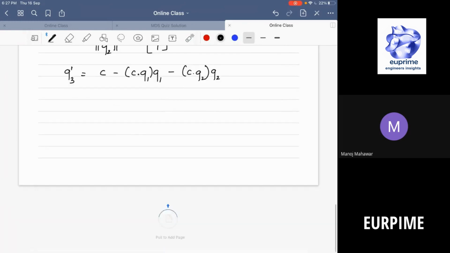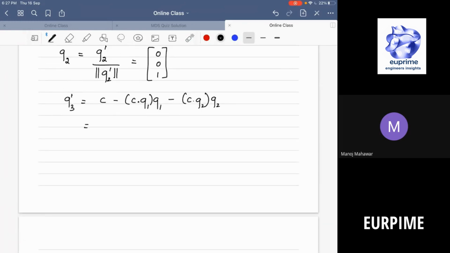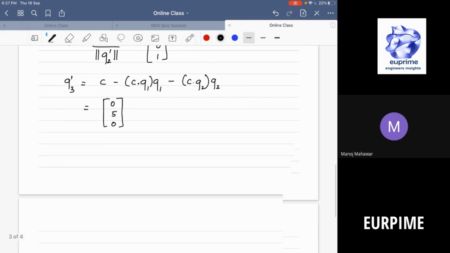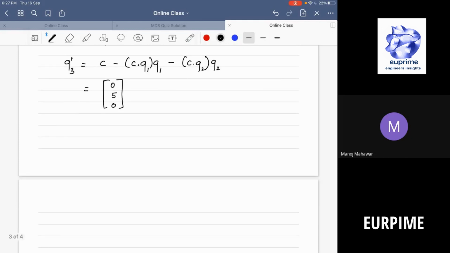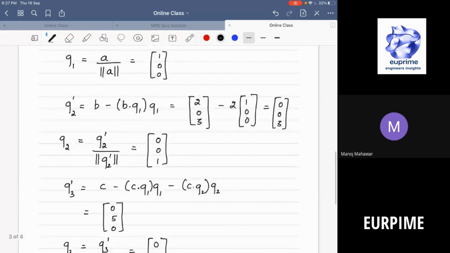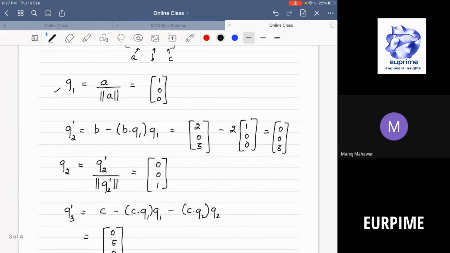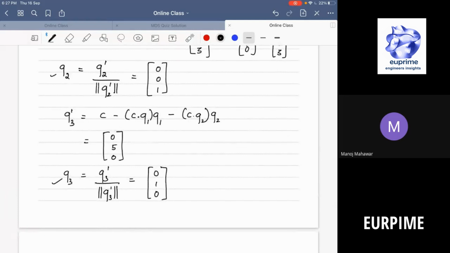If you solve for this, you'll get 0 5 0. Now if you divide it by the length of q3 dash, you'll get q3 dash divided by length of q3 dash, which is 0 1 0. So these are the three orthonormal vectors q1, q2 and q3.